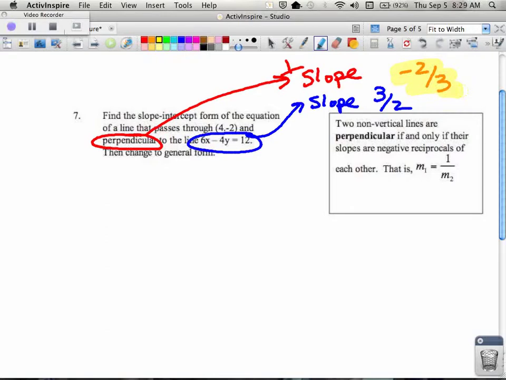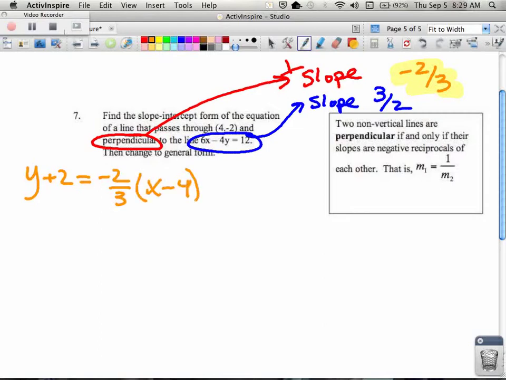I'm going to use that slope, and I'm going to do the exact same process. So as I use that slope to use the same exact process, what that means is the way that I start out, just like in problem number 6, is y minus -2 equals, and this time instead of 3/2, I go -2/3 parentheses x minus 4.